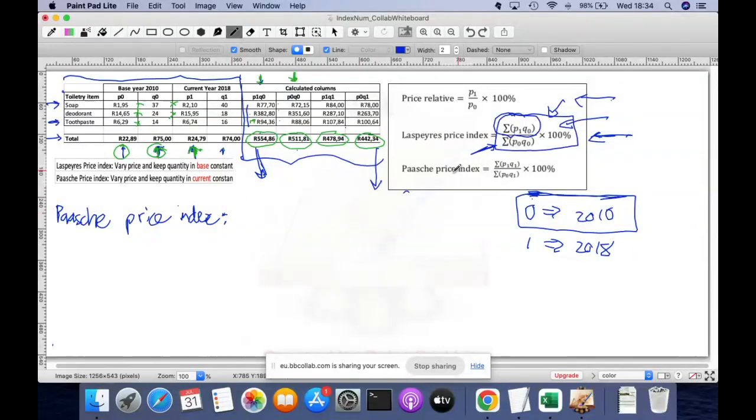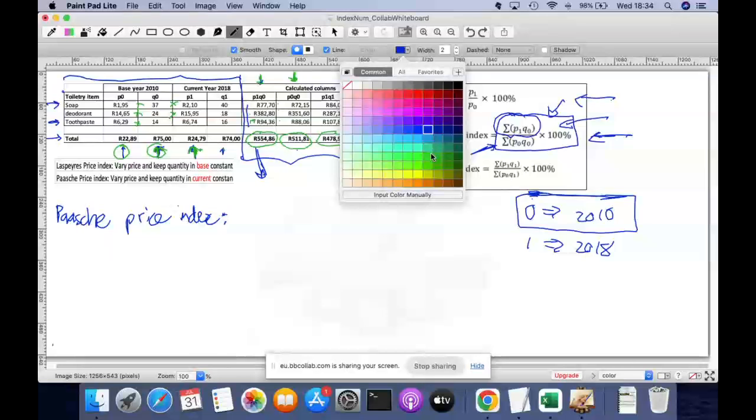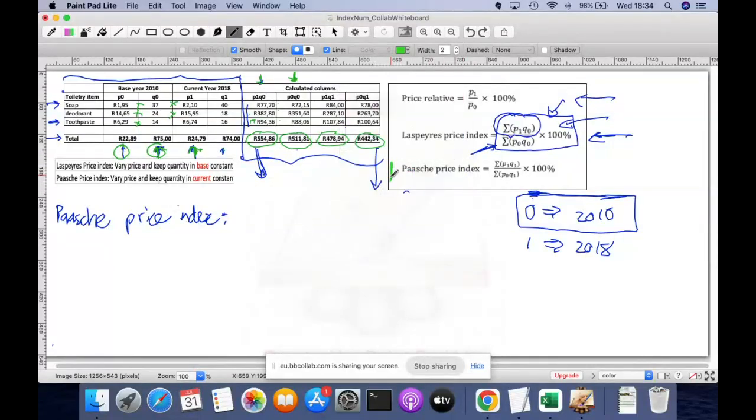All right. So now we're going to follow the formula for the Paasche price index. So I'm going to put this in a different color so we don't get confused with the last one. All right. So here now we're dealing with the Paasche price index. So if you look at the formula here, now if you look at the numerator, it's the sum of P1, Q1. So from our table, you've done all the totals. So here's the numerator. This is your sum P1 Q1. All right.